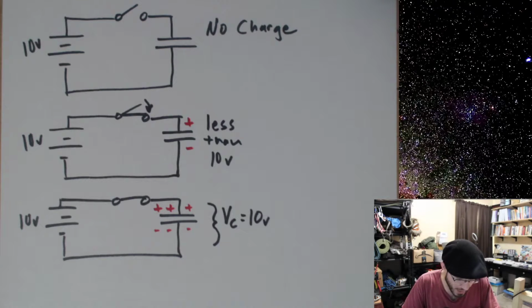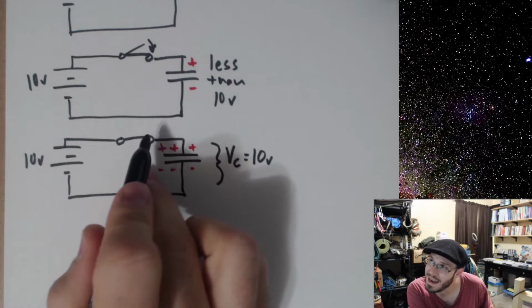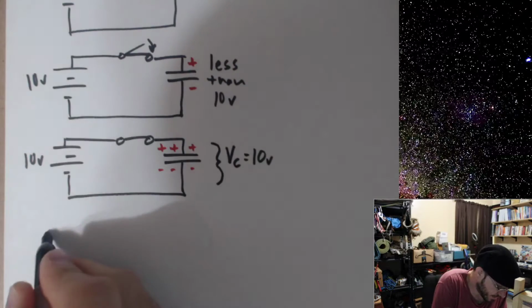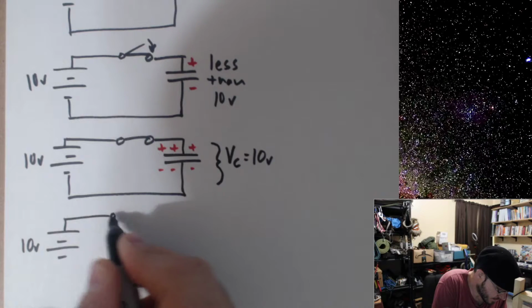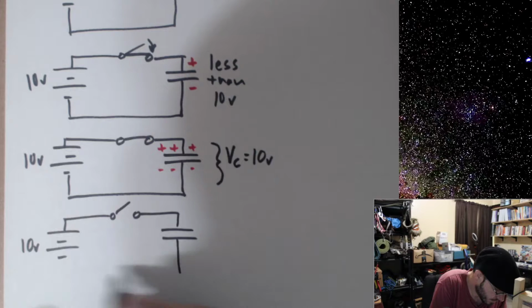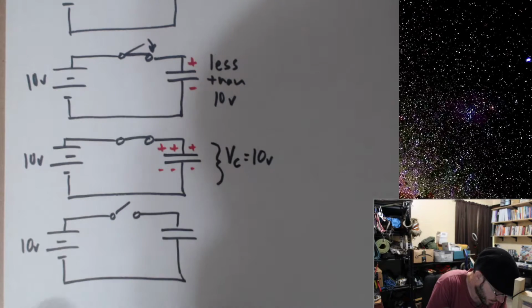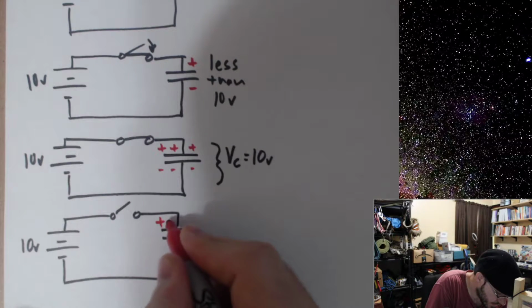Now, after the cap has been charged, if I go ahead and open the switch again, this cap is still going to have the charge built up on the plates.